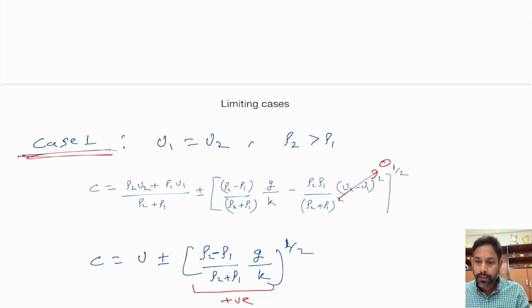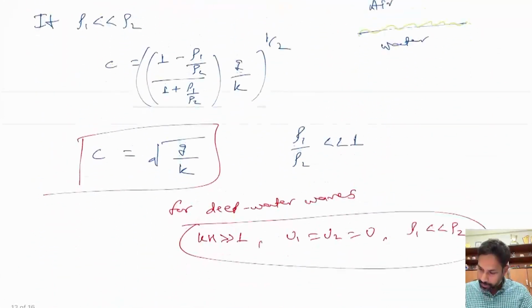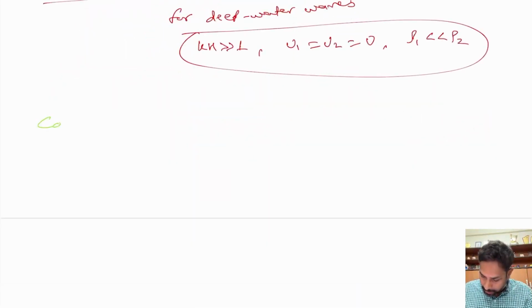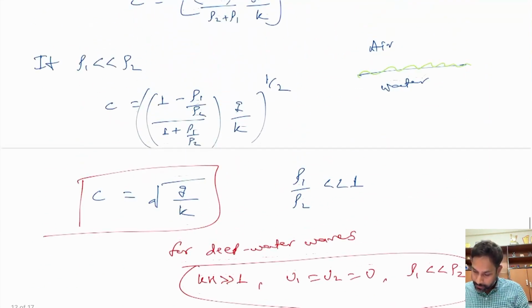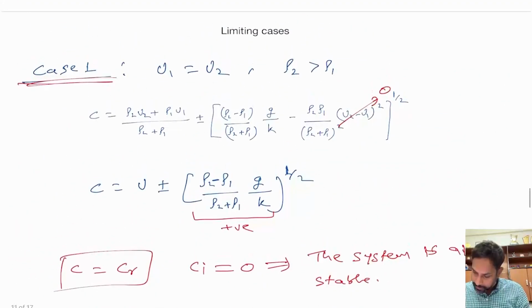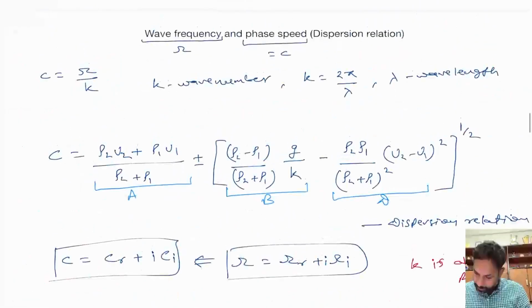Okay, now let's consider another limiting case, and we will call it case 2, where we assume rho 1 is equal to rho 2, but u1 is not equal to u2. Okay, so now if we use the same equation that we have got here, we'll copy from here.